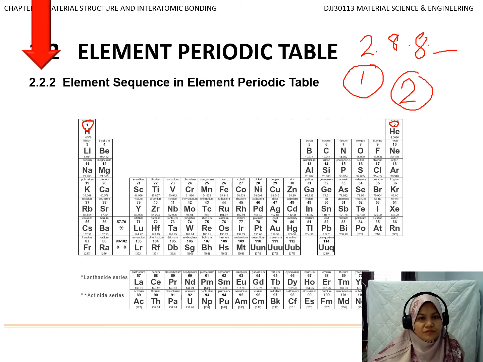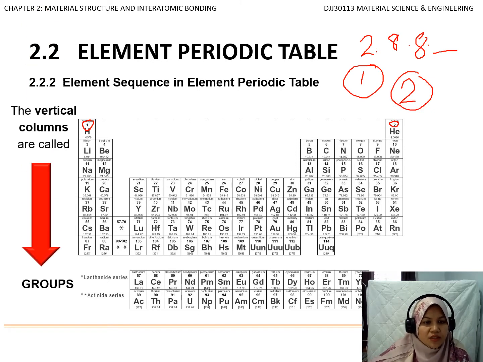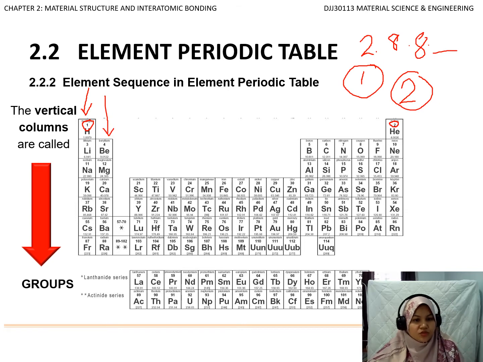Seterusnya, groups. What is groups? So the vertical columns are called groups. Ini group lah ke bawah ni. Ke bawah kita panggil kumpulan ataupun grup. Grup 1, grup 2, grup 3, grup 4 dan seterusnya lah.